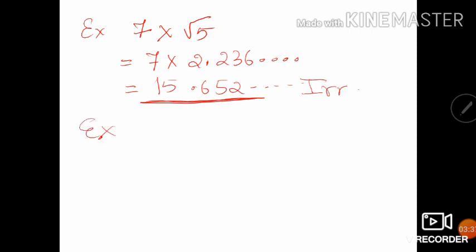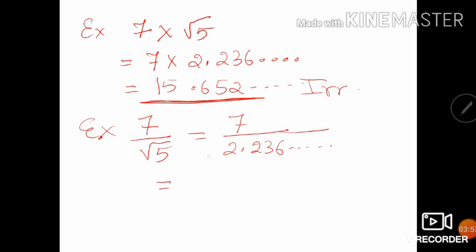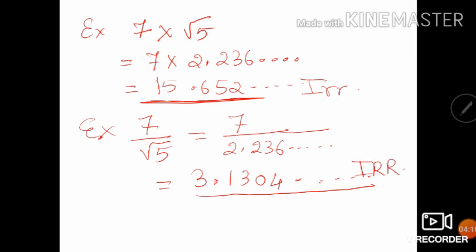Let's take another example where we divide 7 by root 5. So we are dividing a rational number by an irrational number. So 7 divided by 2.236 will give us 3.1304 ... which means this quotient is also an irrational number.